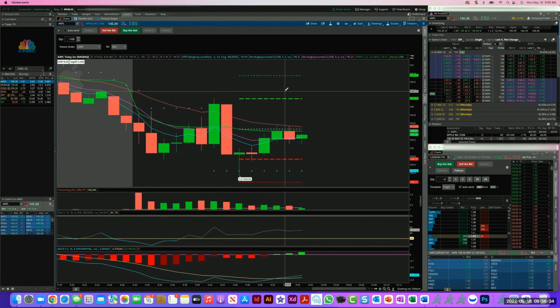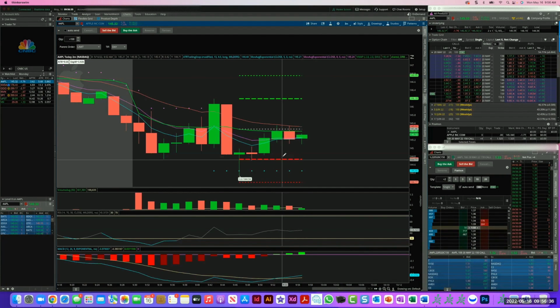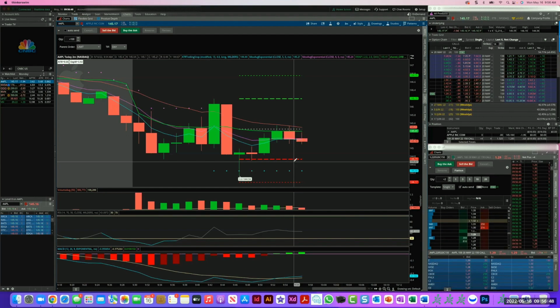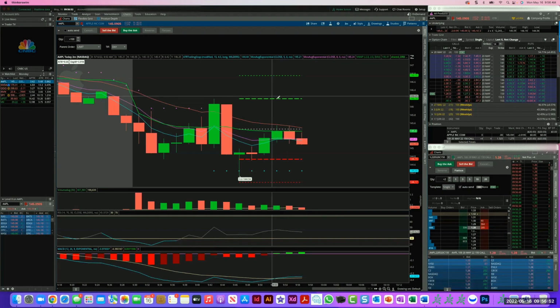Having this opening range on your chart is really great. It's a great trading tool. It is a script, so you won't find it in Thinkorswim. It's a script that was developed specifically for putting, again, the opening range on the chart.